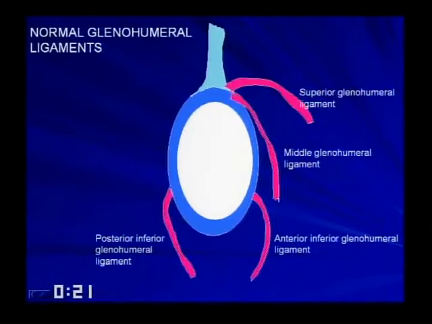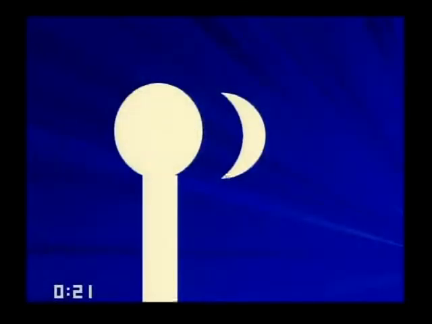And my concept of how to remember where these go is the Zorro idea. If you look at this diagram, this is the humeral head, and here's the glenoid fossa. The superior glenohumeral ligament comes off the superior labrum to the humeral head. The middle comes across here, and the two inferior, they make a nice Z.